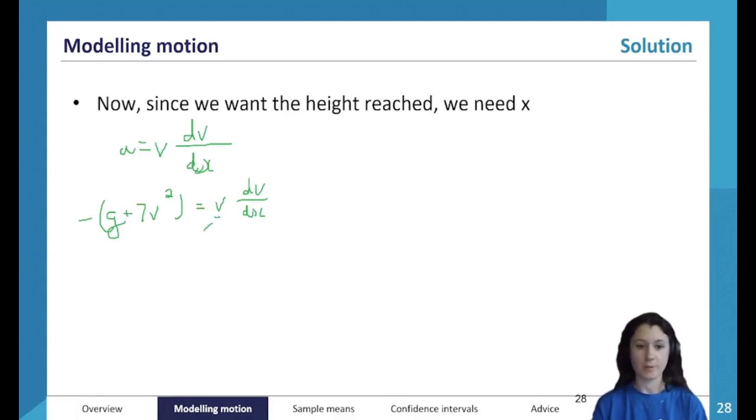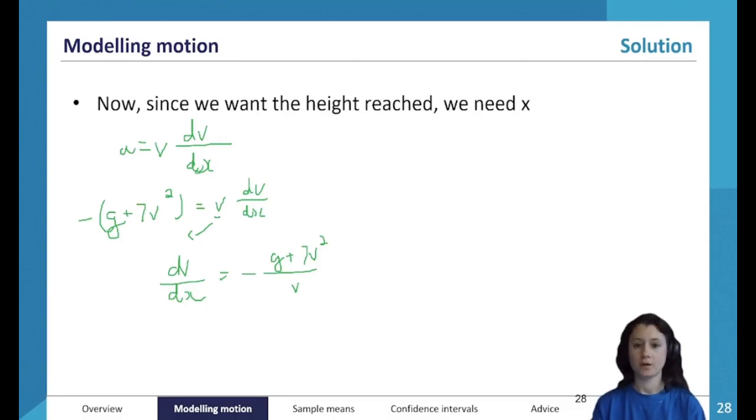To do that, we need to get rid of this v, take it over to the other side. So we're going to have dv dx equals negative g plus 7v squared on v. Now we can solve this differential equation. We want to get x equals, so we want dx on the top.